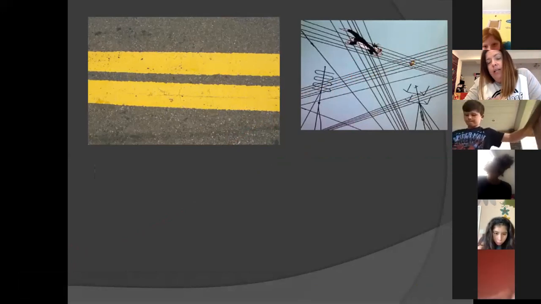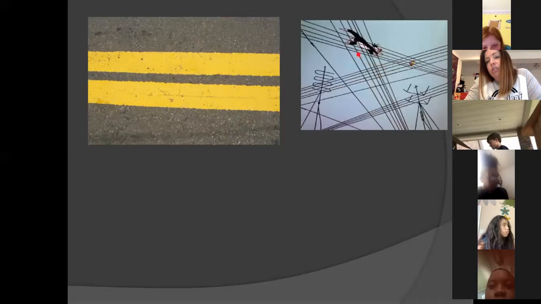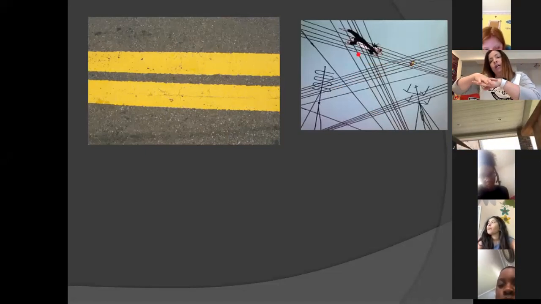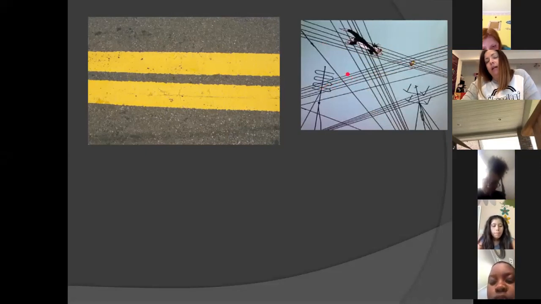If they do, then it's very bad for the electricity, right? But you also can see intersecting, right, where the two different power lines cross over each other. They're never going to touch. So you're seeing a couple of different intersecting lines, but also some parallel lines.